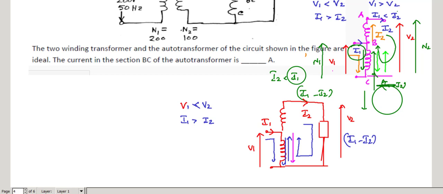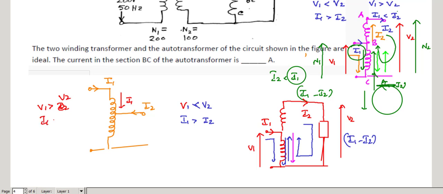Similarly, let's see the step down transformer. Let I1 be like this, and let current I2 be entering here. For example, here I1 is coming. So V1 is greater than V2, therefore I1 is less than I2.